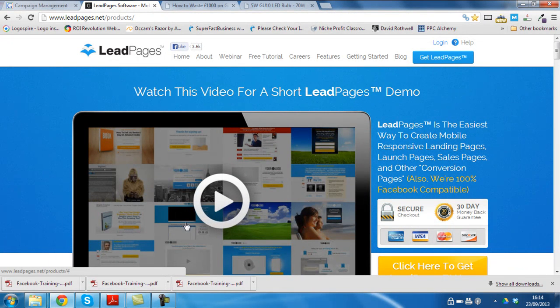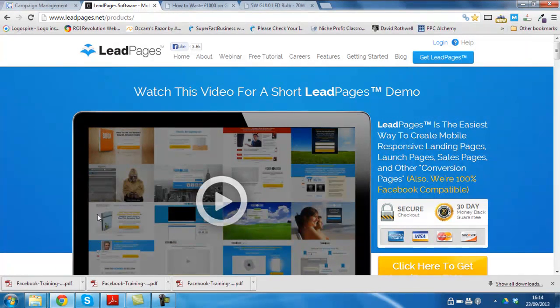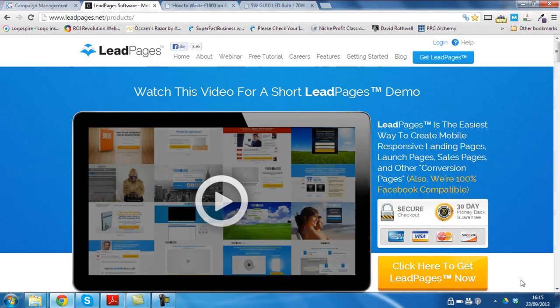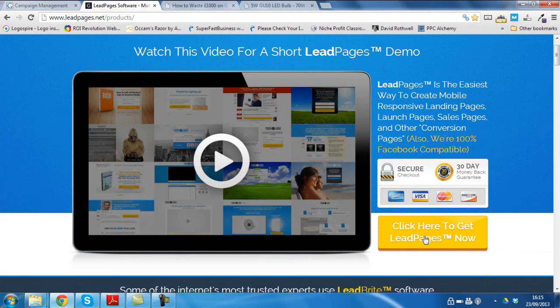The main focal point here is obviously the video. This leads into explaining the benefits of Lead Pages, but it's worth noticing that they have a call to action deliberately above the fold. Without me having to scroll down, I can see what the next step they want me to take is.